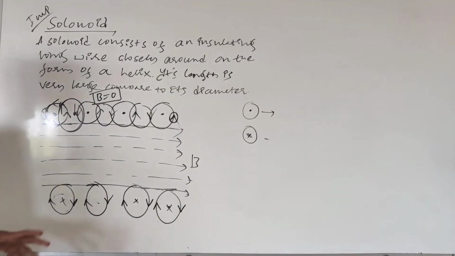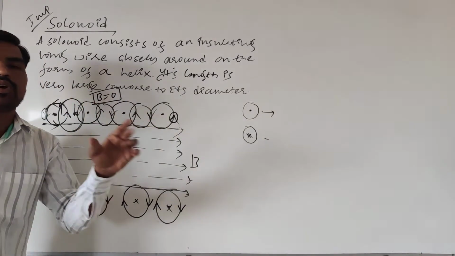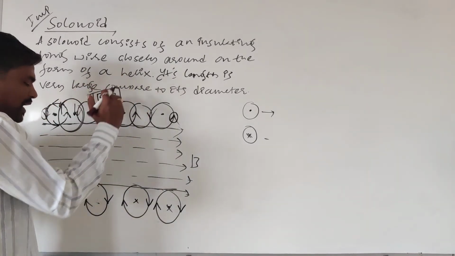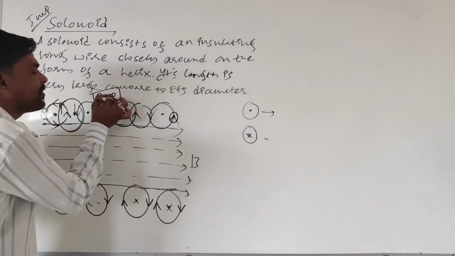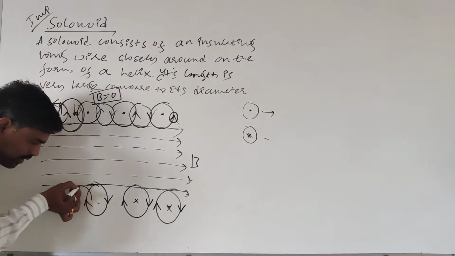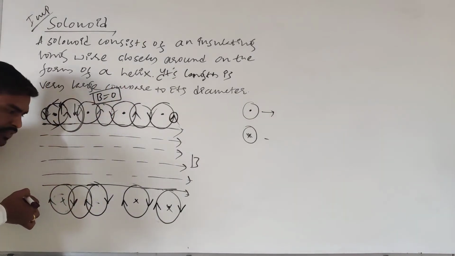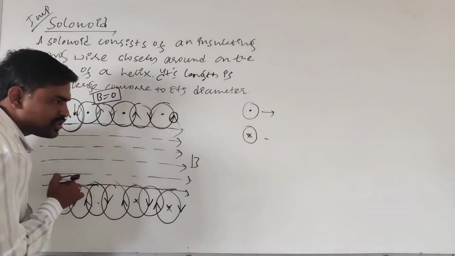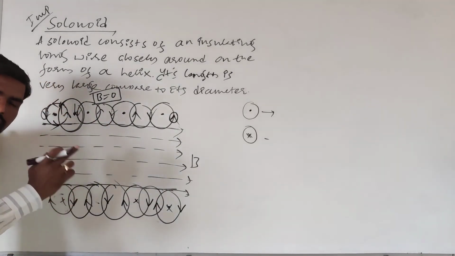Outside this solenoid, what happens? The magnetic field is what? Zero. Very important. Here also the equivalent opposite magnetic fields become what? Zero.